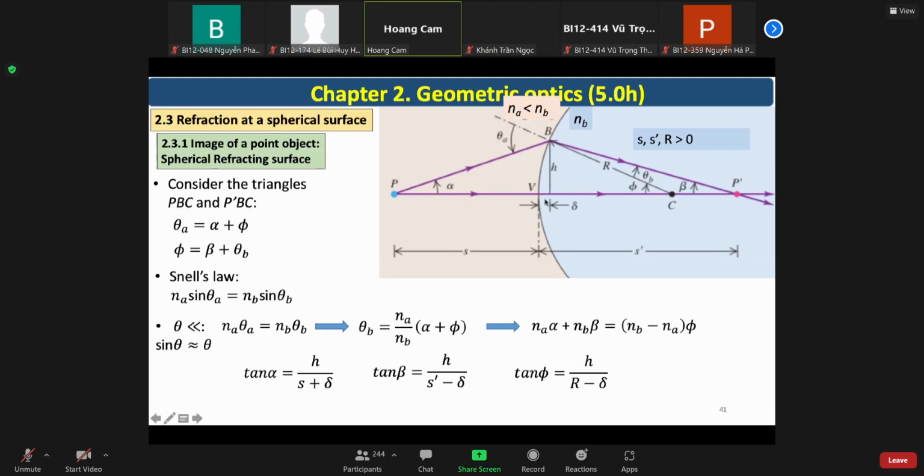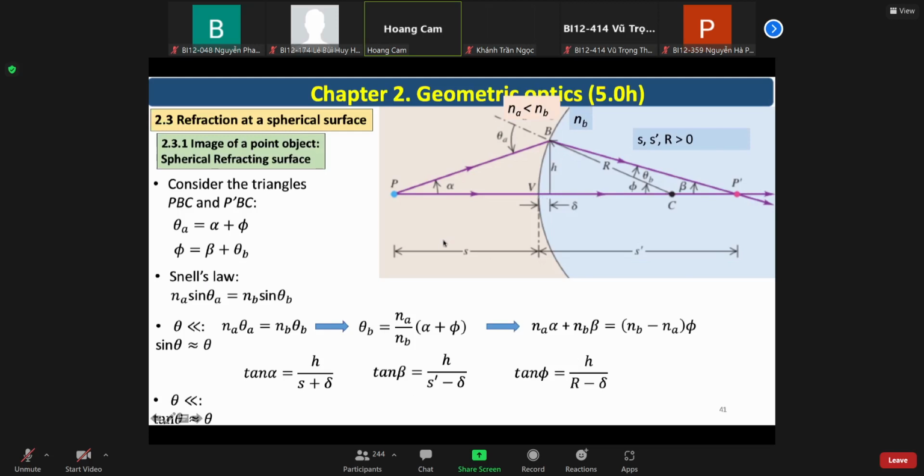So s plus delta, and tangent of beta equals h divided by s prime, the image distance, minus delta, so sorry. And tangent of phi equals h divided by the radius R minus delta here.